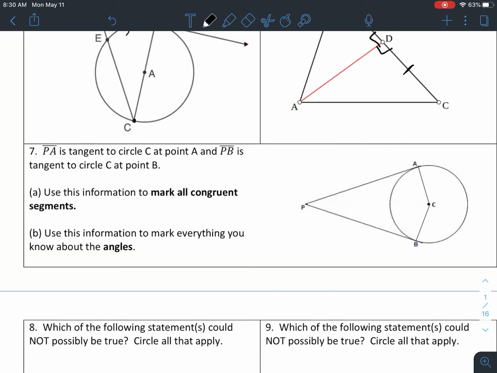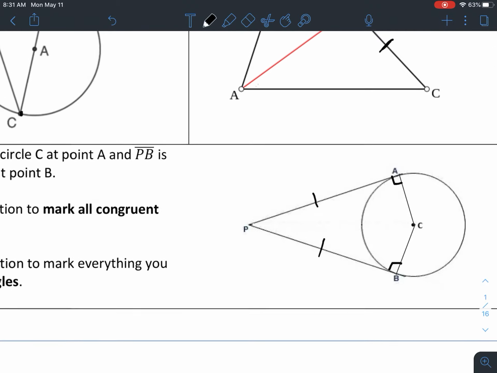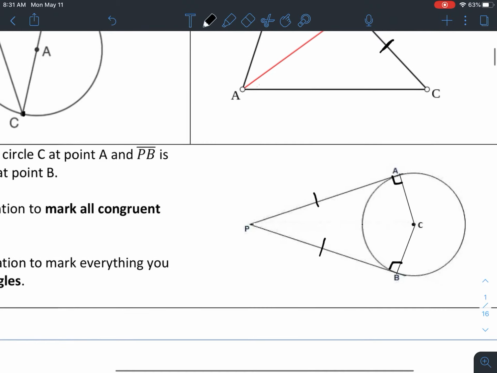Since they're tangents off of the same point, we know that these here are going to be the same length. We also know, because they're tangent, that the angle where they meet will always be a 90-degree angle. So you put the 90-degree mark there.